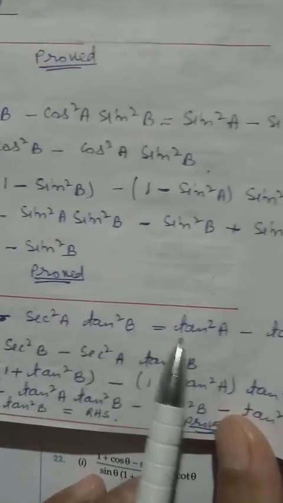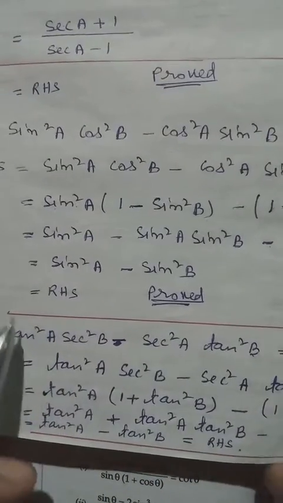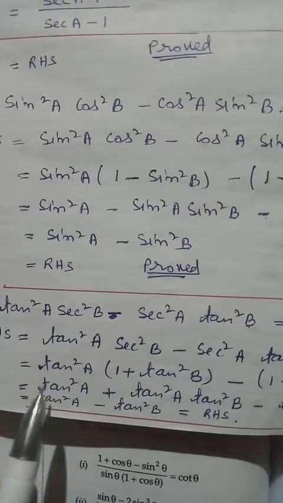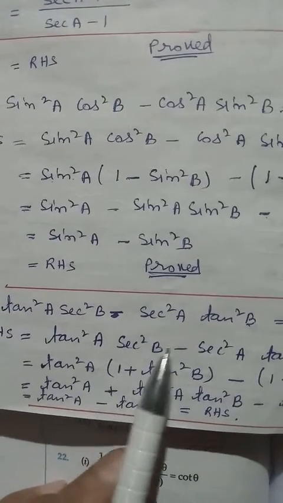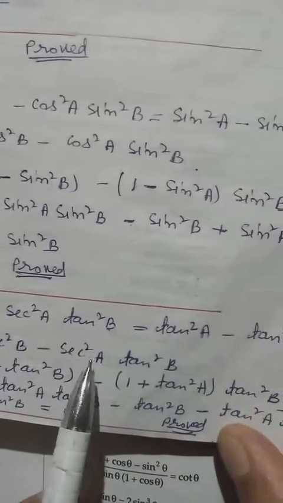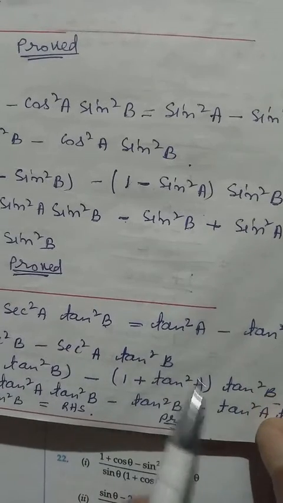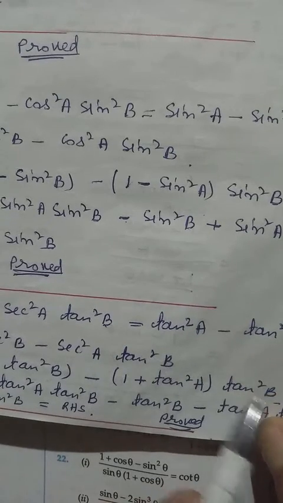Then here also, the same way you can do. We have tan and sec, but we want only tan and tan. So let us remove sec by using the identity. Tan²A sec²B, from the identity we know it is 1 + tan²B. Here also sec²A we don't want, so we convert with the identity 1 + tan²A. Then tan²B, let it be because we want it on the right-hand side.